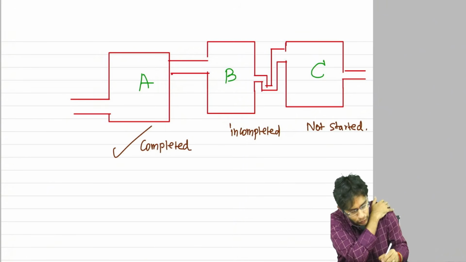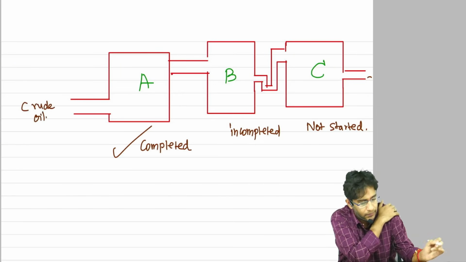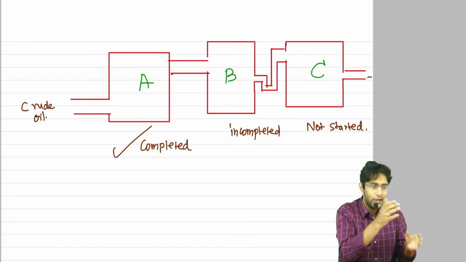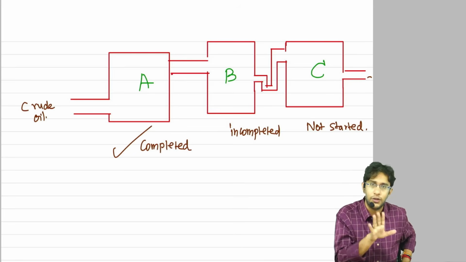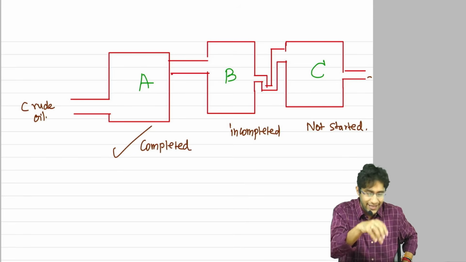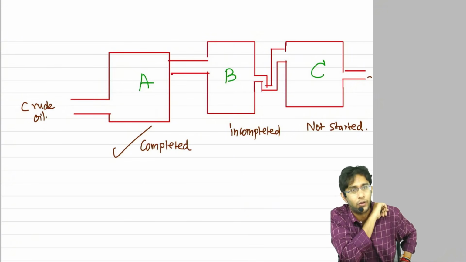Sir, if I input crude oil here, refined petrol will come. In the current year, chamber A is ready, B and C are not ready. All 3 I am constructing using borrowed money only. Since A is complete, can I transfer A-related borrowing cost to the P&L account in the second year?